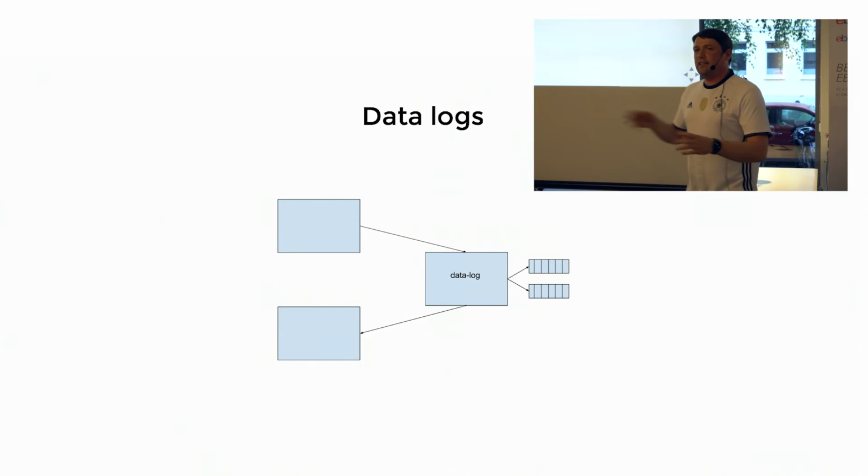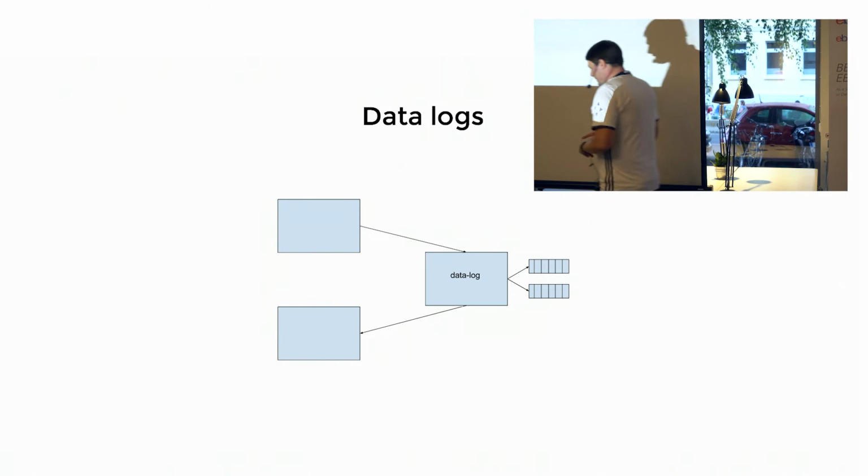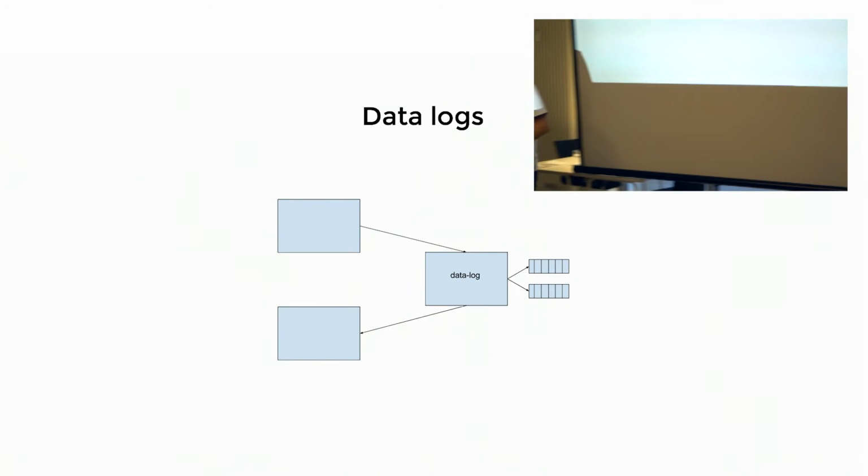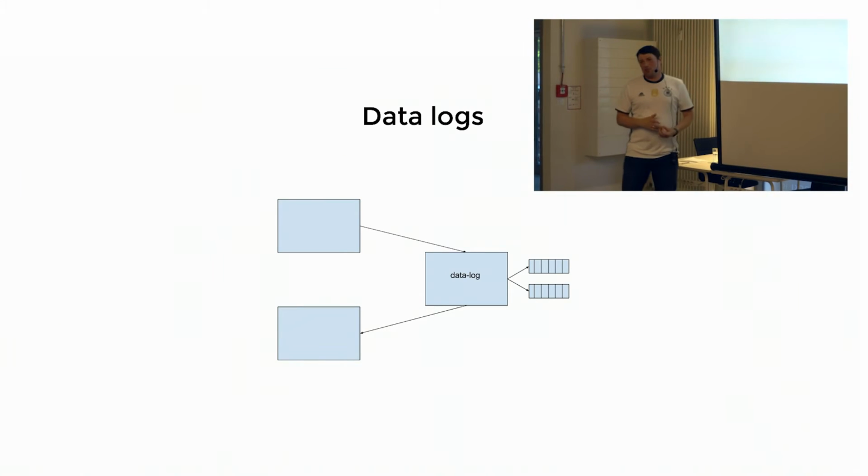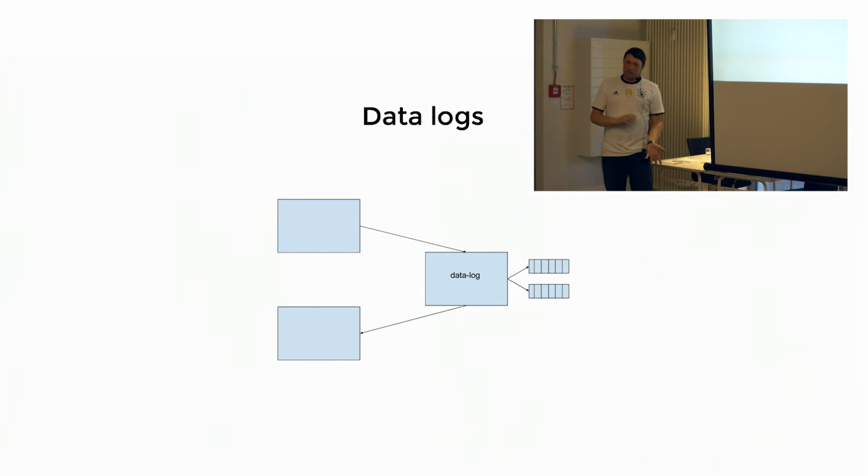Well, we have already seen this log stuff. And one of the problems coming from this is that Kafka is a nice technology in general, but there are some disadvantages. You have to know how to consume the stuff that is coming from a Kafka topic. You have to know how to produce it.